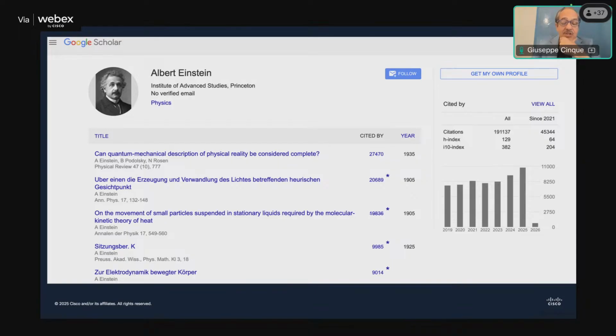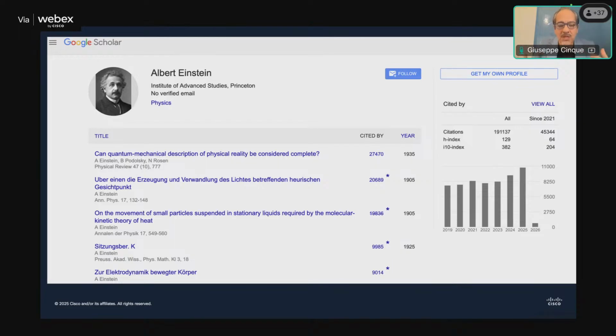Why? Because in this paper, with the intent to show a paradox, he was showing the behavior of two particles that are far away, and showing how the properties of these particles, even if extremely far away, will still be correlated. That is called entanglement.